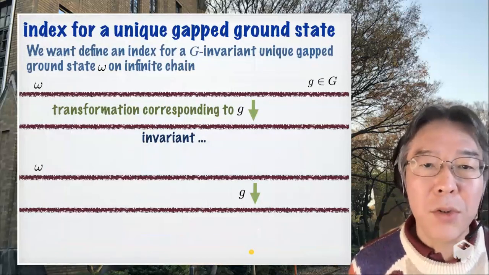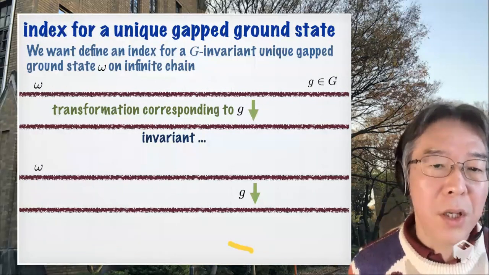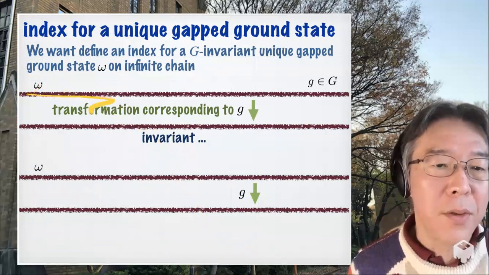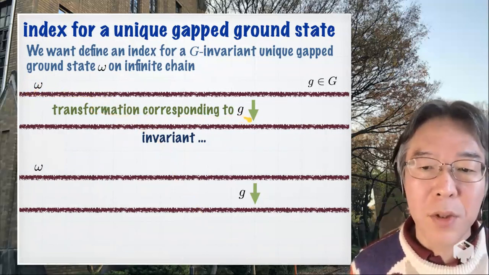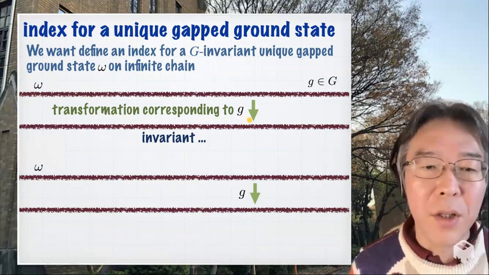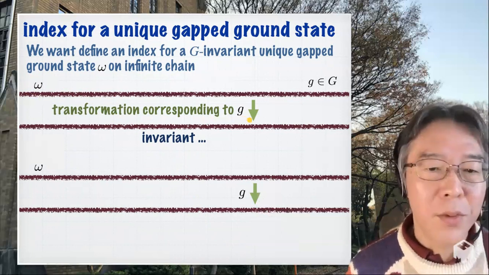So I want to define an index for a unique gapped ground state omega. Let's examine its transformation property when we apply the transformation corresponding to G. But as I said, omega is invariant, nothing happens. You don't see anything. Well, but this is not the end of the story.